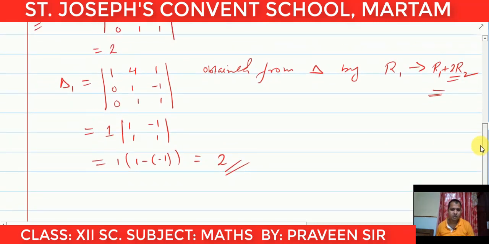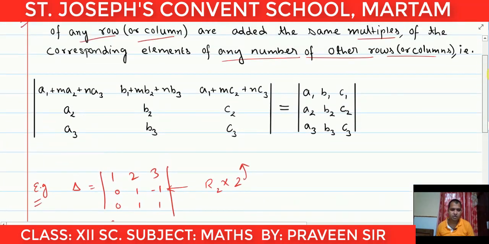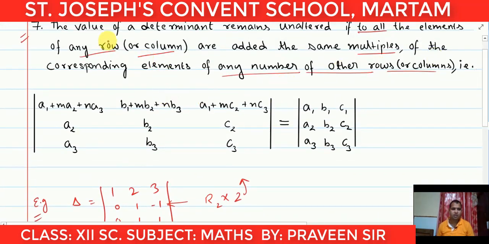So this is what they are trying to say, that the value of a determinant remains unaltered if to all the elements of any row are added the same multiples of the corresponding elements of any number of other rows.